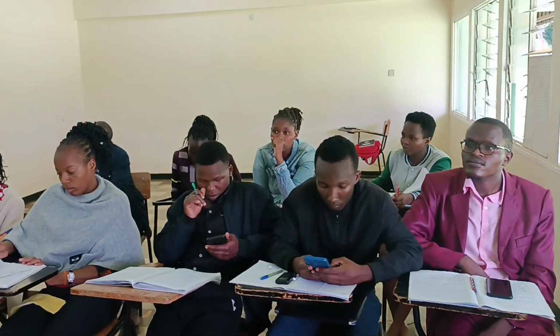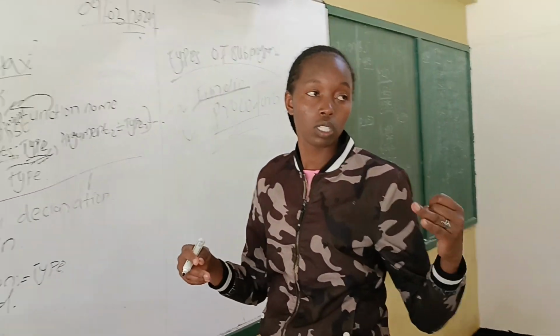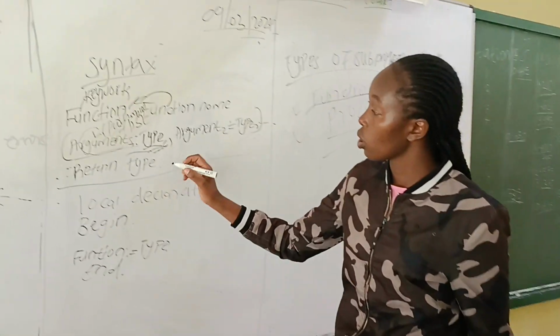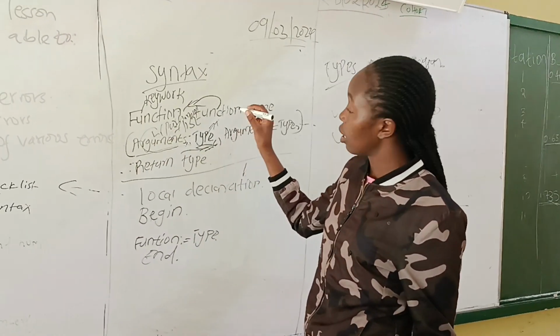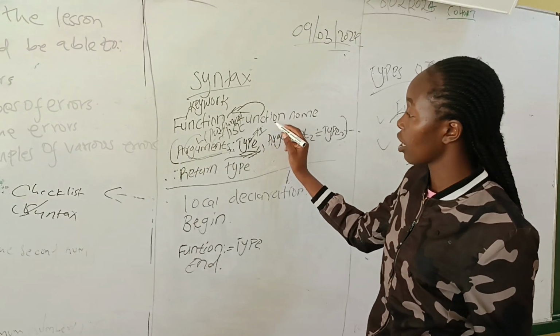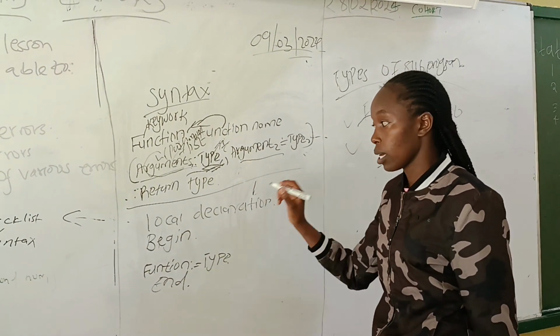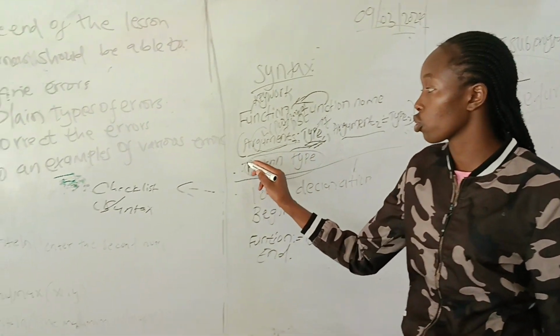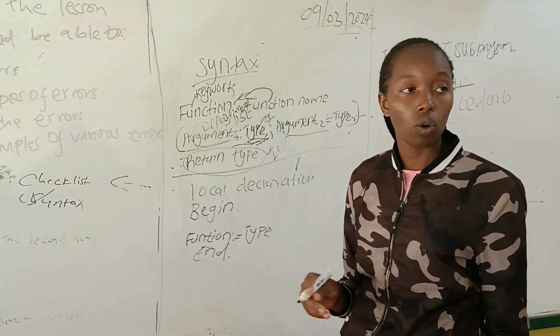And when you list an argument or a parameter, you have to show which type it is. Is it an integer? In the last class we learned about data types, right? So which type is it? Is it an integer, a string, or a real? Then the return type. What do you want this function to return? Is it an integer or a real?